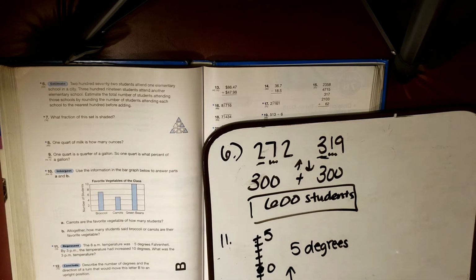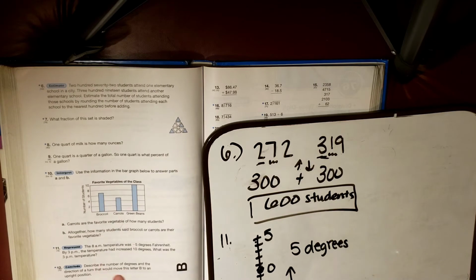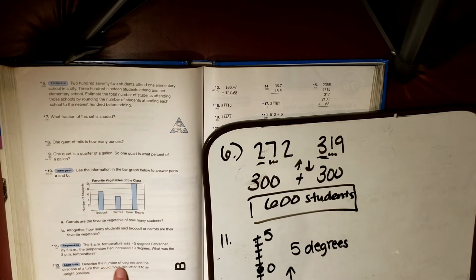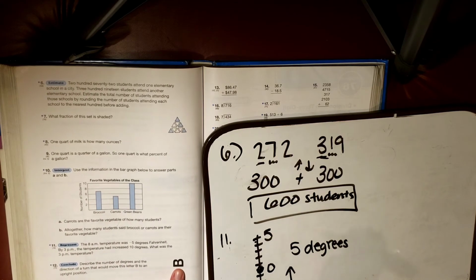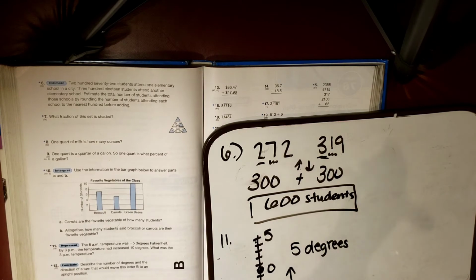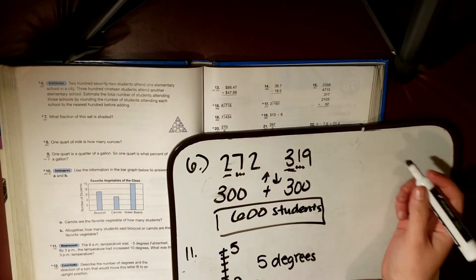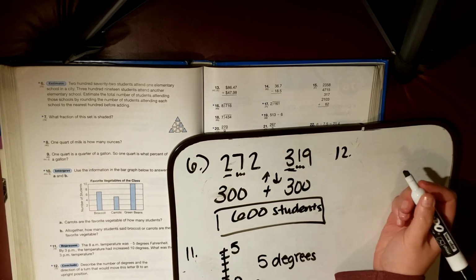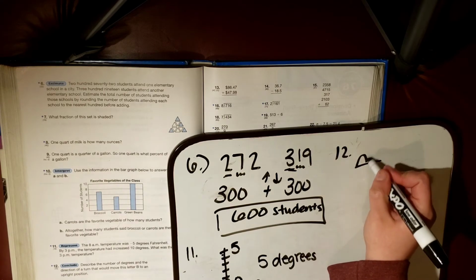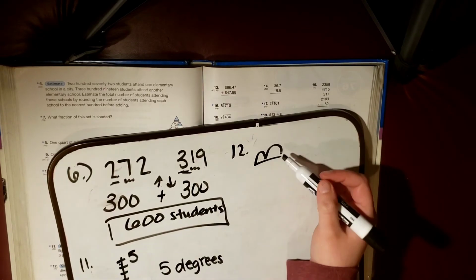Alrighty. Number 12 is next. So this says to describe the number of degrees and the direction of a turn that would move this letter B to an upright position. So right now it's on its back. I'll just draw my B here. So there he is.